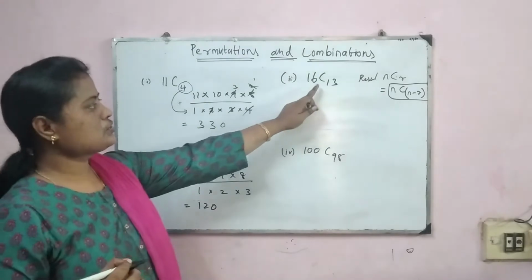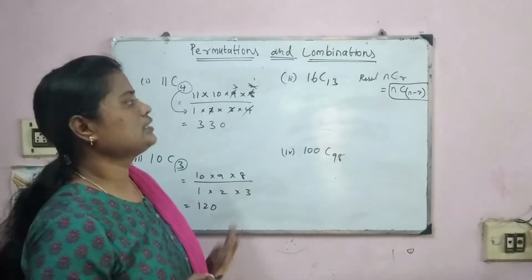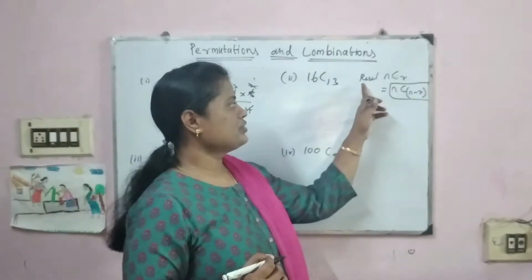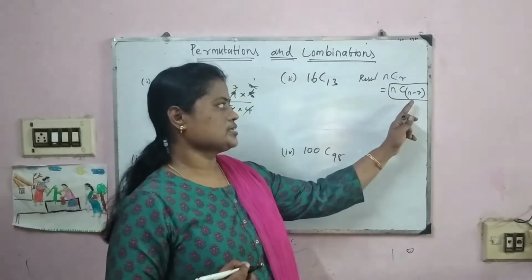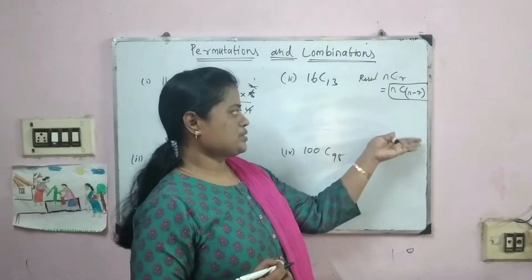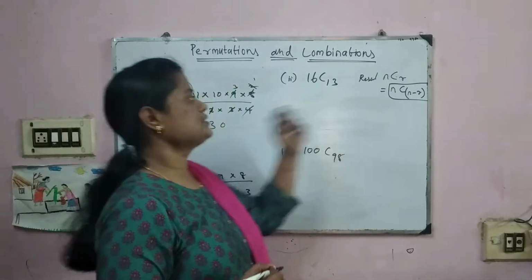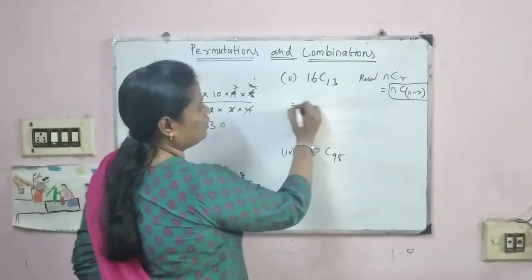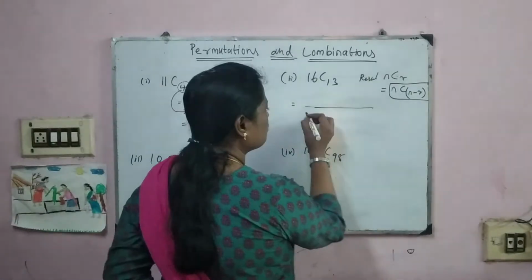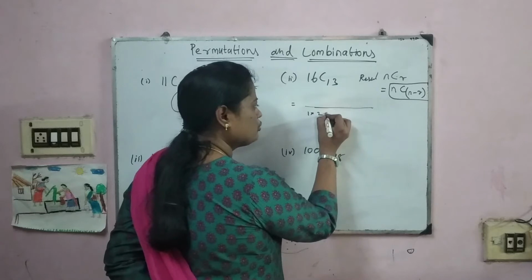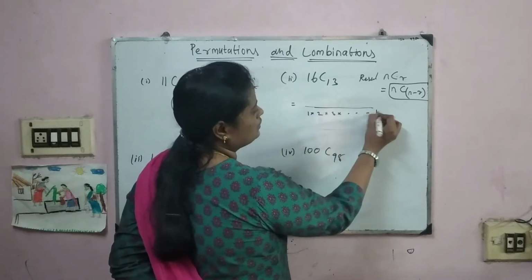Next we are going to see 16C13. In the previous video we discussed the result nCr equals nC(n minus r). For what purpose are we going to use this formula? Let's see. For example, this is 16C13. We would have to write the denominator 1 into 2 into 3 into 4 up to 13.